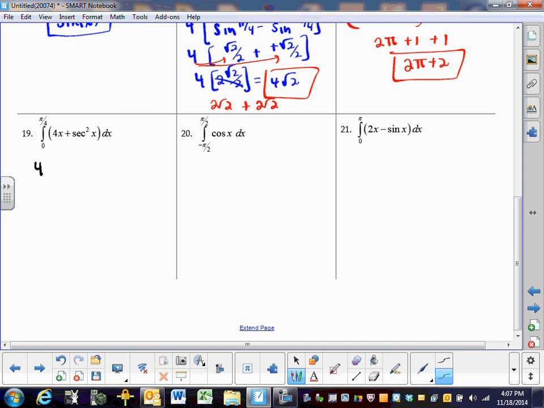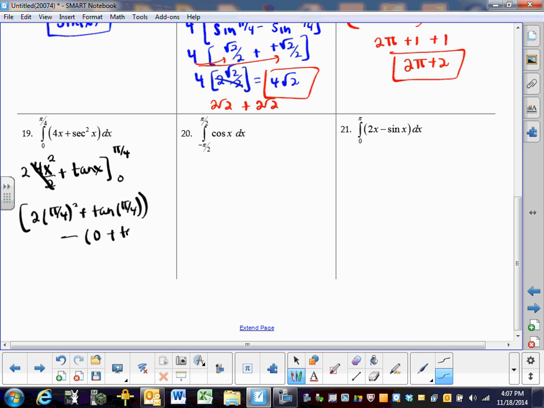Going backwards from 4x, we have 4x squared over 2. Backwards from secant squared, remember we have to have memorized the tangent x. And from 0 to pi over 4. So I can simplify out. I have top 2 pi over 4 squared plus tangent pi over 4, minus the bottom, which is 0, plus tangent 0.